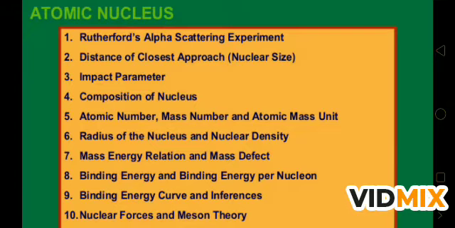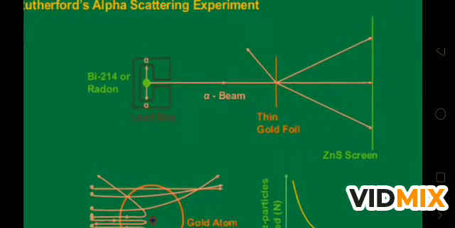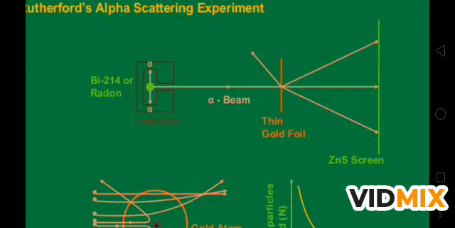Let us start the revision of the Rutherford alpha scattering experiment. If you remember, we had done this in the chapter atom. If you see in the diagram, this is a chamber in which radon or bismuth-214 is used as a source of alpha particles, and the beam falls on the thin gold foil, and the zinc sulfide screen tracks it.